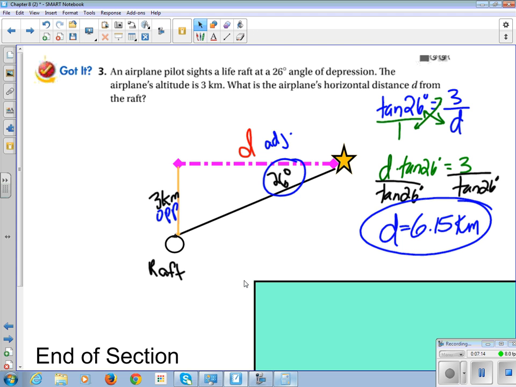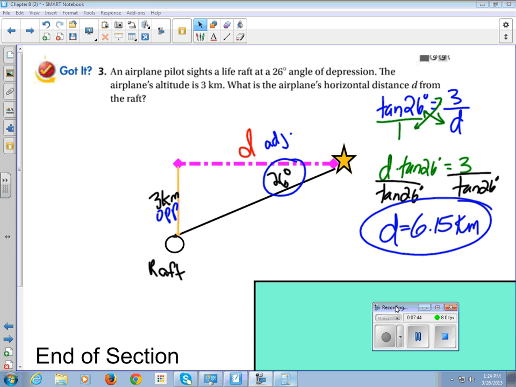And just a way to double check this, the distance is in the same category as my 3 kilometers and 6.15 kilometers. They're kind of in the same realm. If I had a million kilometers shooting back out at me from the calculator, that would indicate that I might have something wrong with my calculations. All right, so that's section 4 of chapter 8.